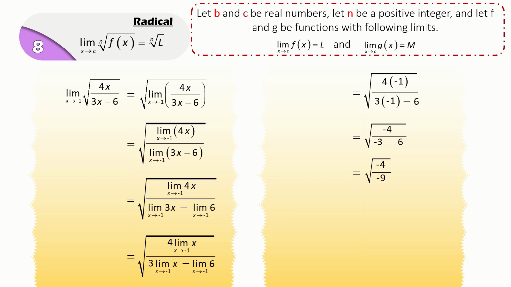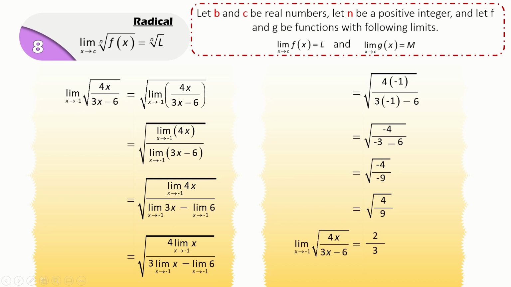A negative number divided by a negative number is a positive number. Inside of the square root becomes a positive, which is square root of the quotient of 4 and 9. Take the square root. We can conclude that the limit of the square root of the quotient of 4x and the difference of 3x and 6 is 2/3.